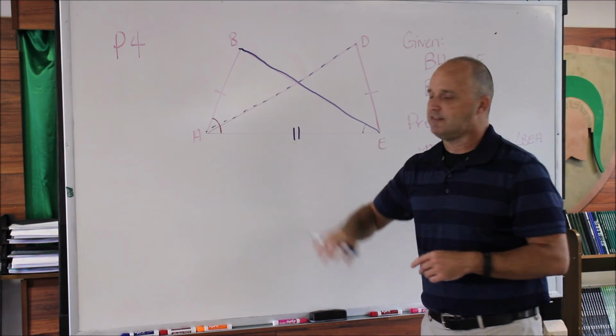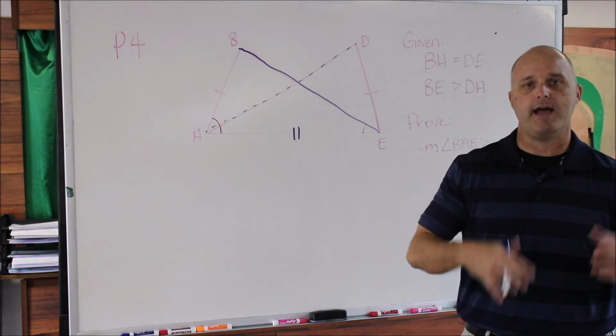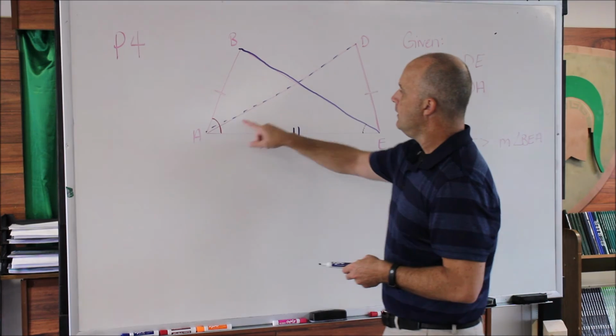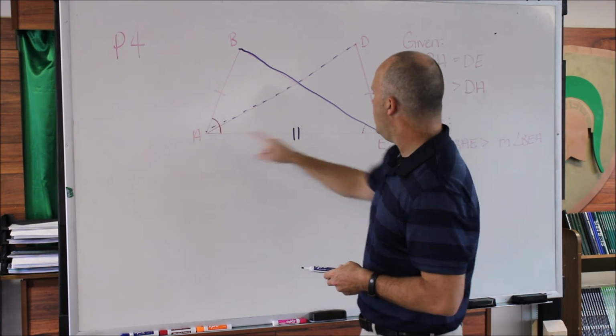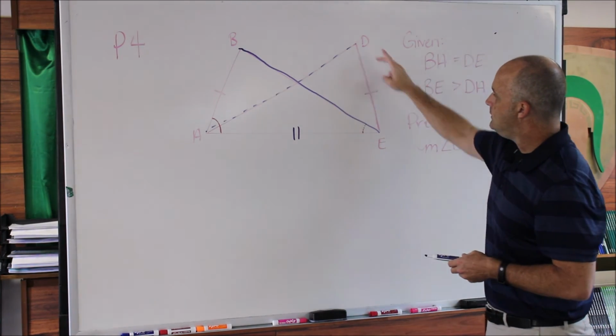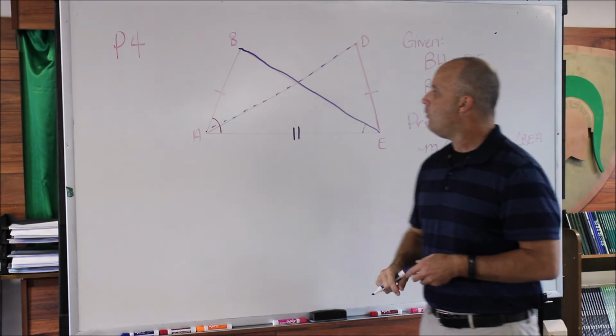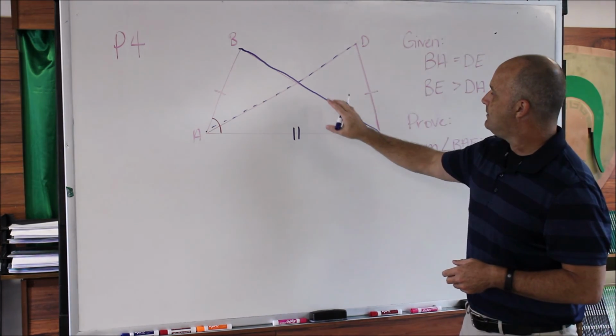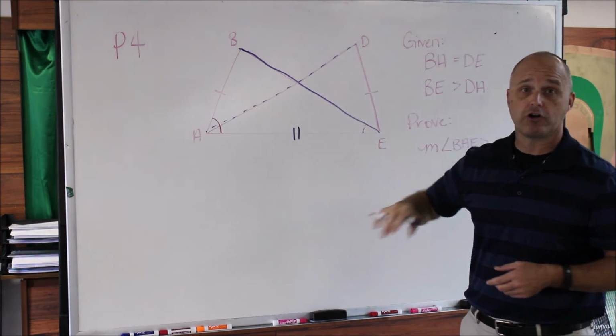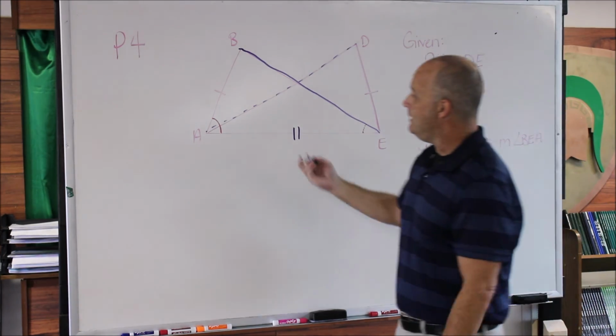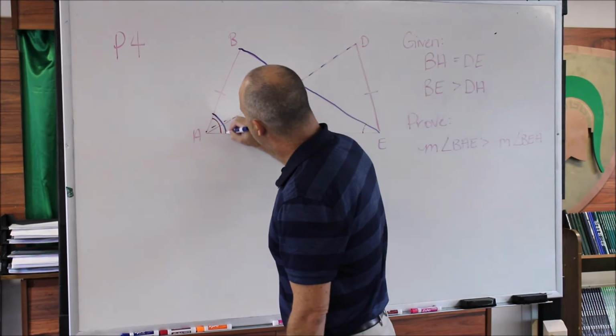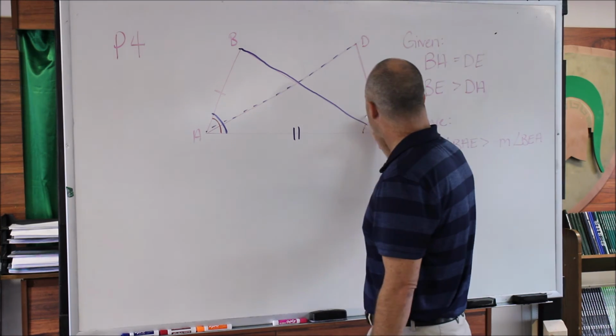And so we can put that second congruency marking in there now, and now we can use the included angles. This included angle is going to be BAE and the angle DEA. Well, since BE is the longer of the two sides, that means that it's across from the larger of the two angles.